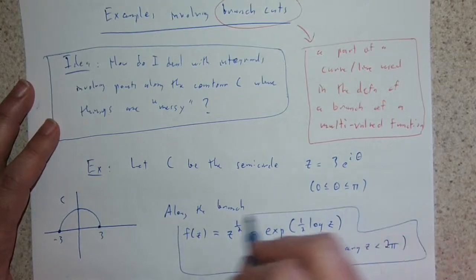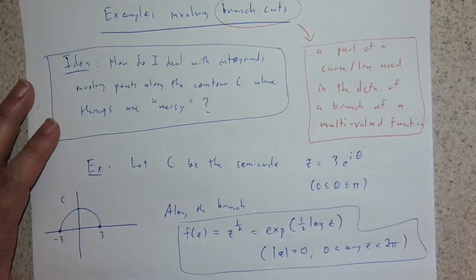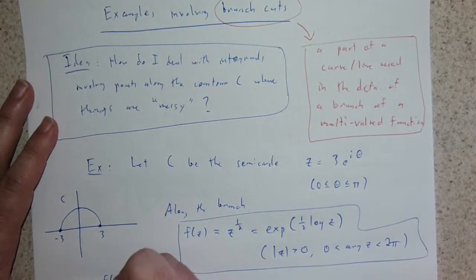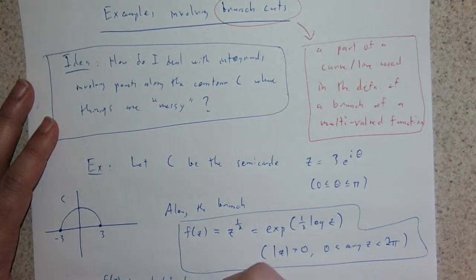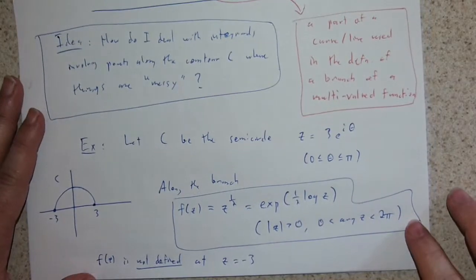So if I'm looking at this branch of the square root function, f(z) is not defined at z equals minus 3.